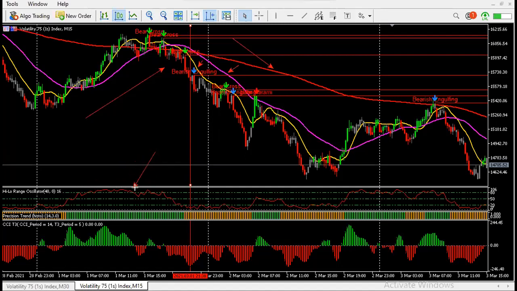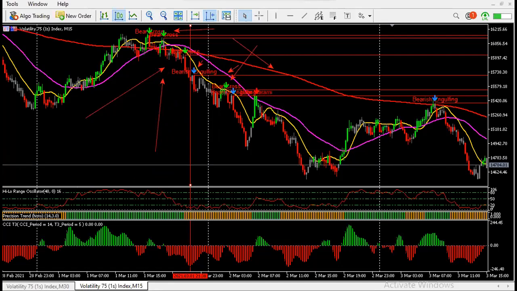You can see that the oscillators were all in the topmost area. So we need to wait for the price action, first of all, to be in the proper entry. And the green arrows are the powerful ones, because once they come out, they are telling you that the trend is now ready to be traded.